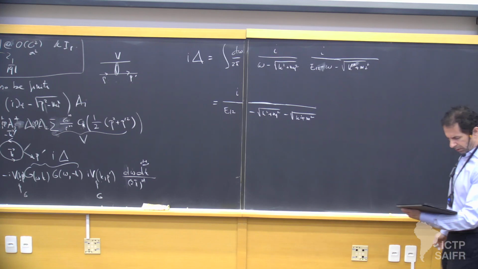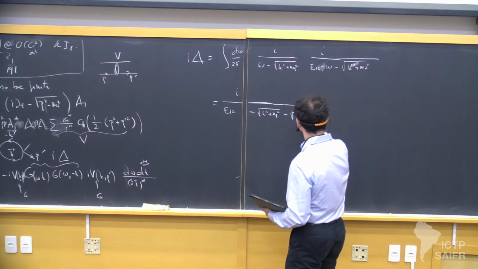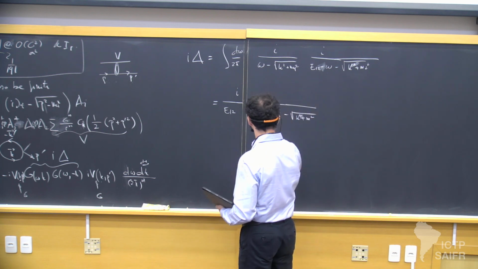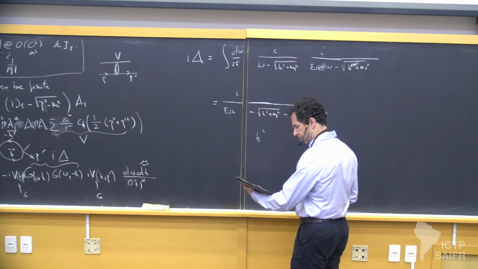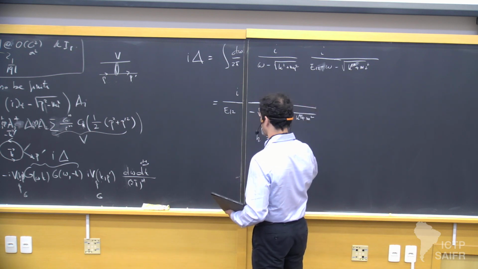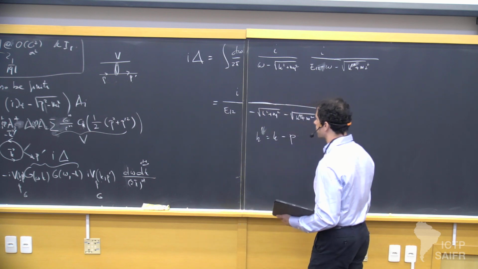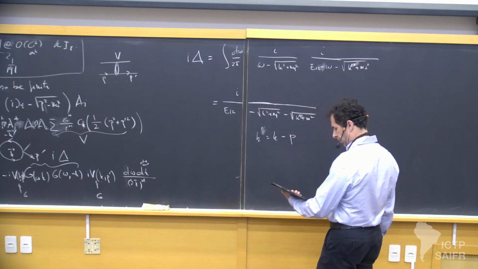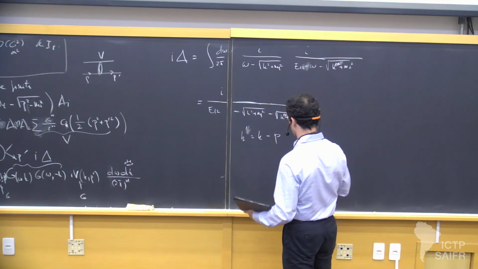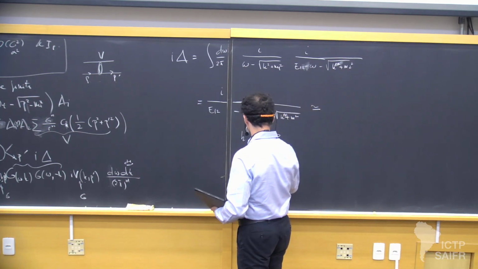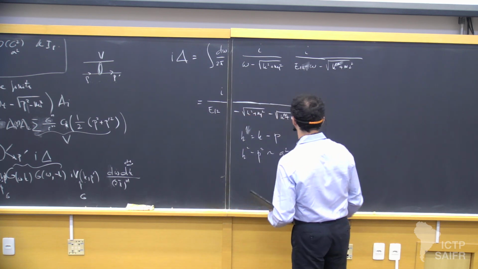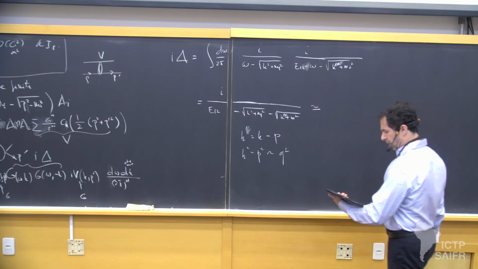So what do we do with this? k prime is k minus p. So we get to expand: k square minus p square is of order q square. It's in fact proportional to q square.